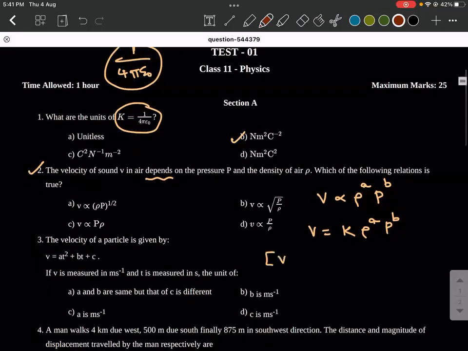So you write it as dimensional formula of V is equal to dimensional formula of rho raised to the power A into the dimensional formula of pressure raised to the power B. Okay, right now, fill this step.